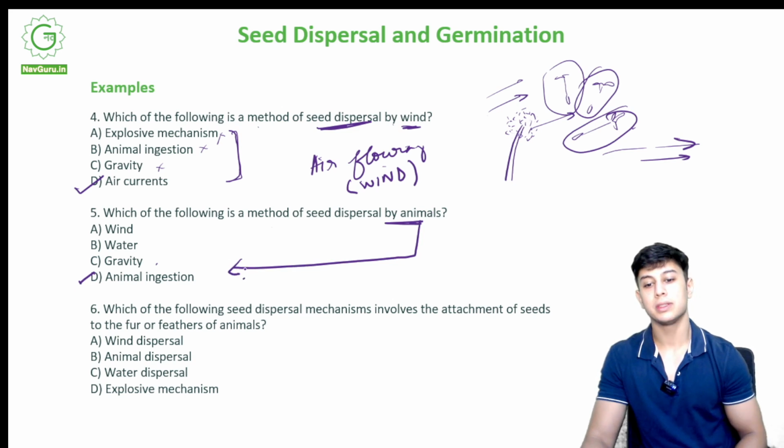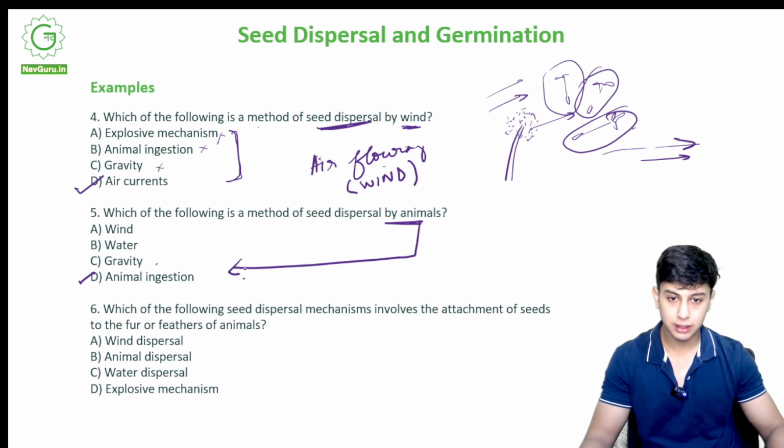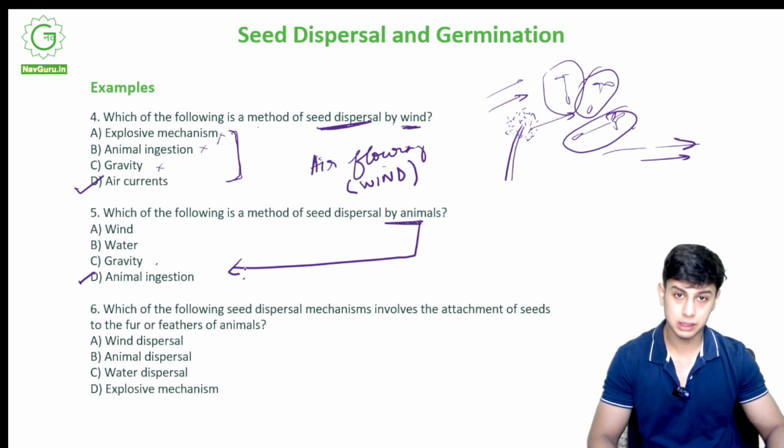What happens in animal ingestion? They will digest the seed, but it has a very strong seed coating, so the seed won't be digested, it will be excreted out. It would be thrown off as waste material from the animal's body, and where it is thrown out, the seed will grow.